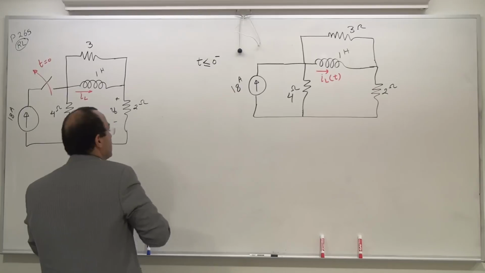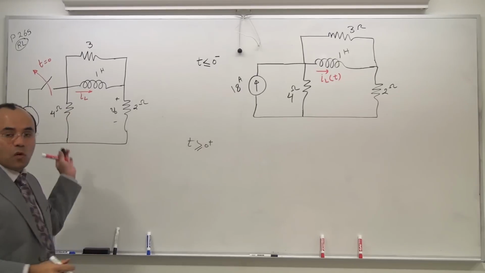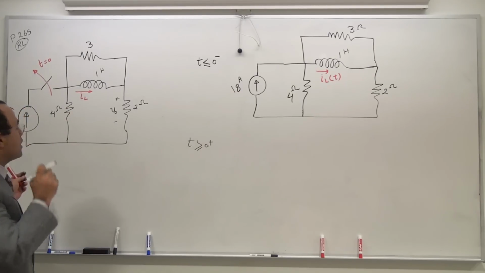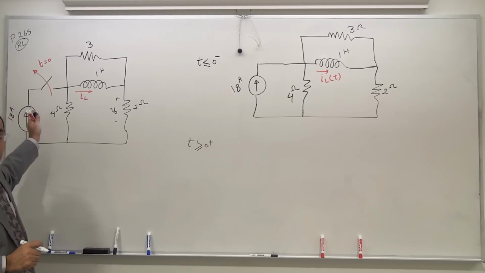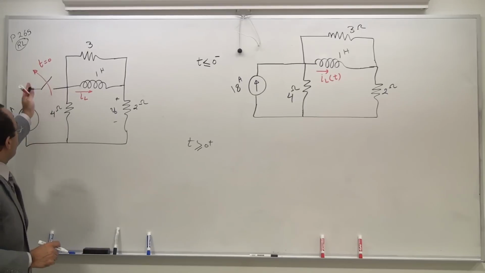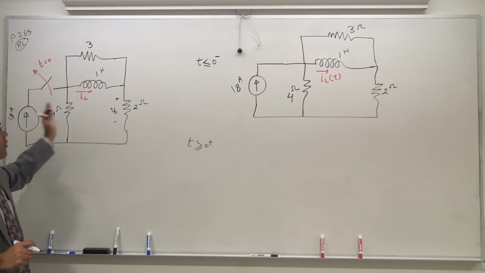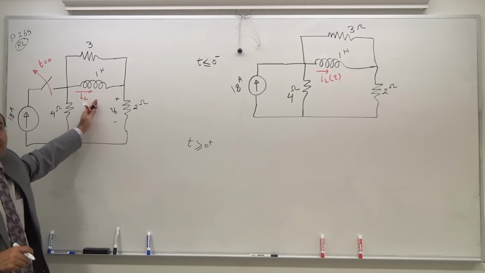Now for t greater than or equal to 0 plus, the switch is open. In order to avoid much of the confusion on the part of the inductor, the current source being open, as soon as you open the switch, obviously the interaction between the current source and this section is going to be stopped. They don't interact anymore.